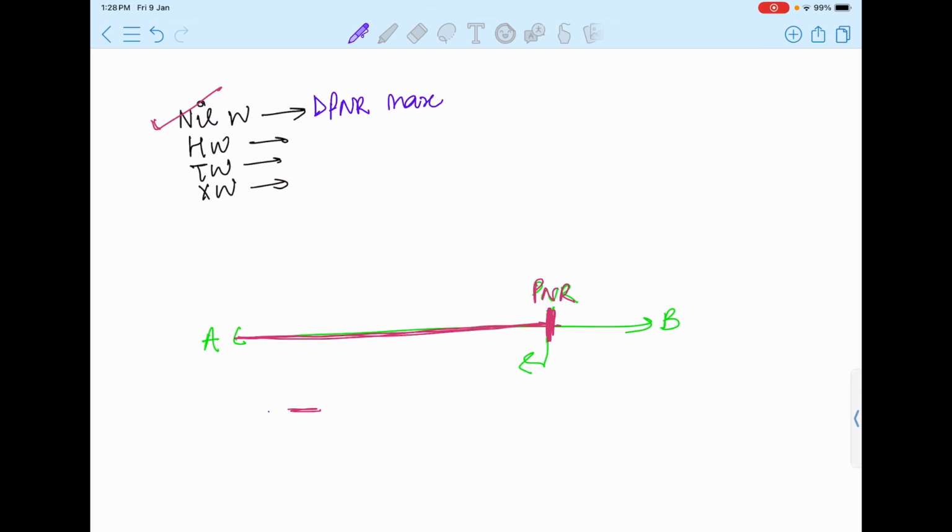In nil winds, when you're moving from A to B, the maximum distance you can fly out and return to the base within safe endurance is your PNR. There is no sort of winds, no headwind, no tailwind, no crosswinds affecting your PNR. So the dPNR remains to be maximum. But in the case of headwind, tailwind and crosswinds, the dPNR will reduce.